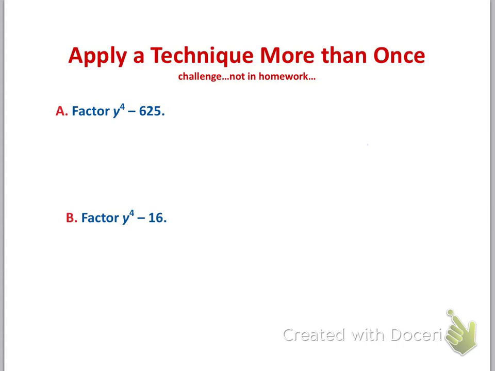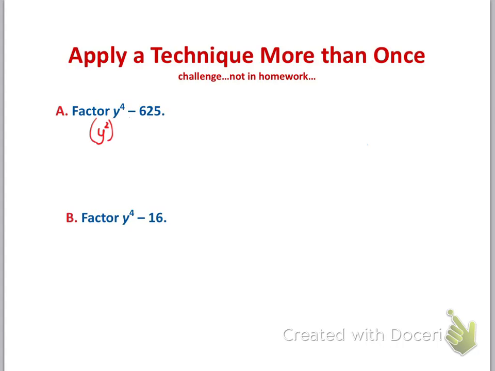All right, so in this case, we're going to apply a technique more than once. Now, this is a challenge. I just want to bring your brains out to this world. You won't necessarily see it in tonight's homework, but it will come up eventually. Okay, so is this a number squared minus a number squared? Well, it is.